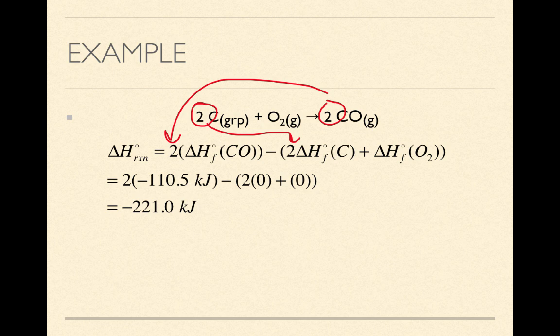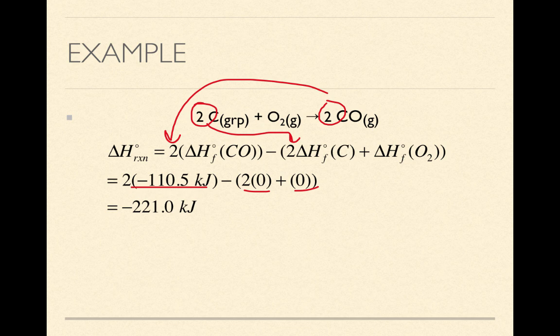So we have 2 times minus 110.5 kilojoules for the CO, so we looked that up, minus 2 times 0 for the carbon, because that's the elemental form of carbon under standard conditions, plus 0 for the oxygen, because O2 gas is that standard elemental form under standard conditions.